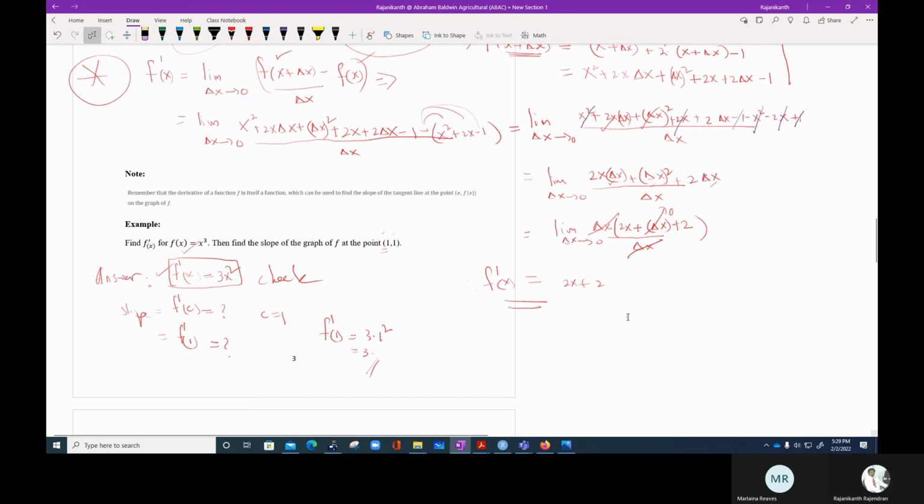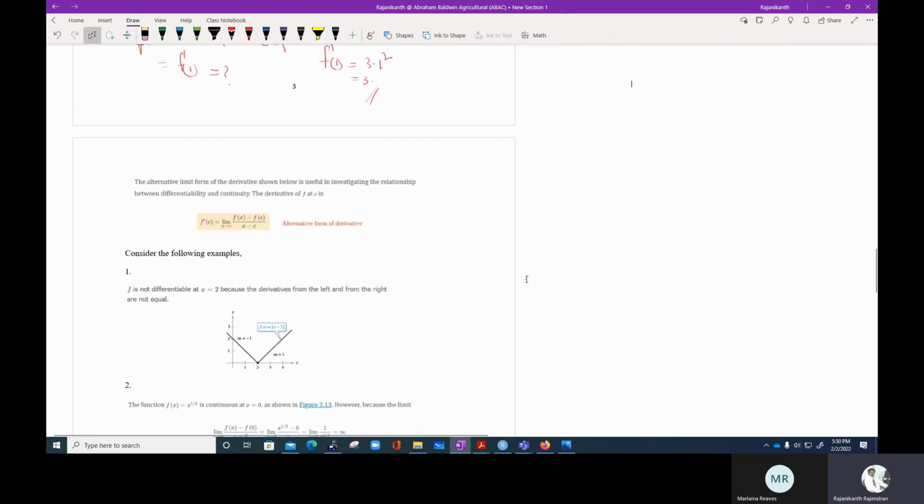Okay, do you have any questions? There's one more formula to find the slope at any point c, f prime c. That formula is given here. This is a kind of shortcut, alternate formula to find the derivative of the function at the given point c.